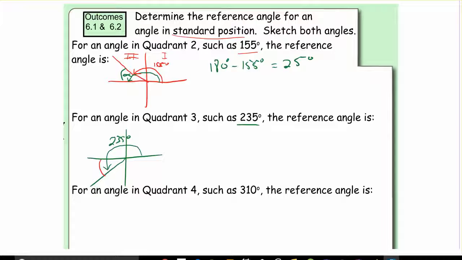I know again that from here to there is 180 degrees. So if I go 235 minus 180 degrees, what I should have left is this angle, which is 55 degrees.